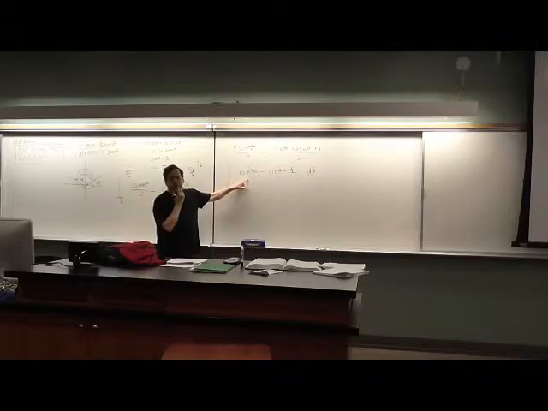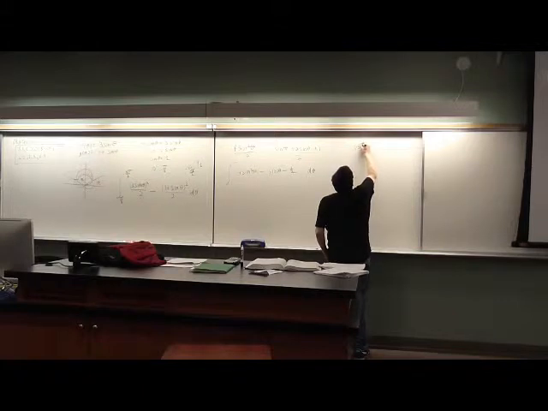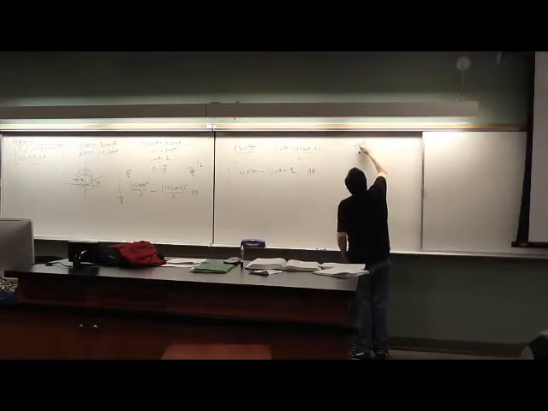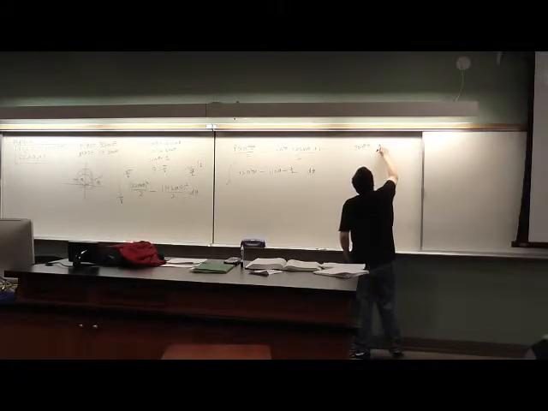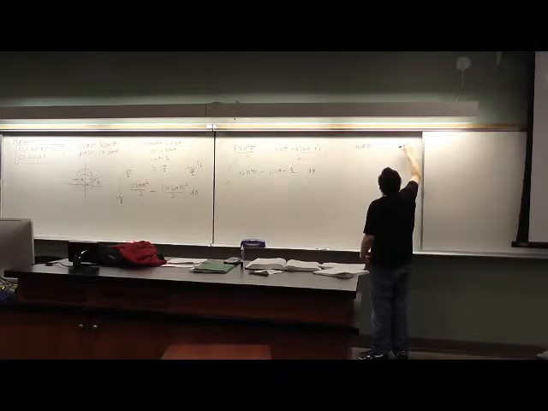This looks familiar, doesn't it? We just did something like this. Cosine 2 theta equals cosine squared minus sine squared, 2 cosine squared minus 1, or 1 minus 2 sine squared theta.